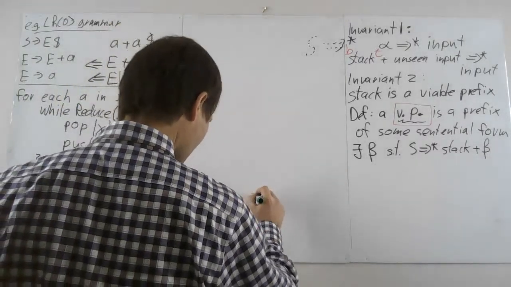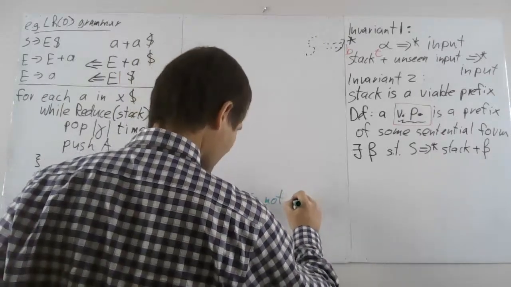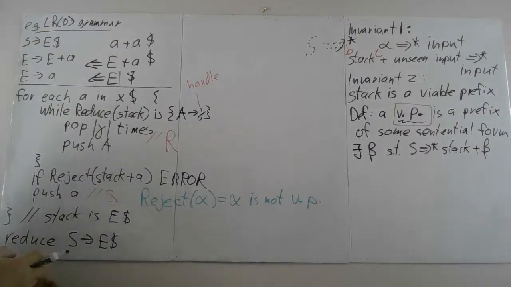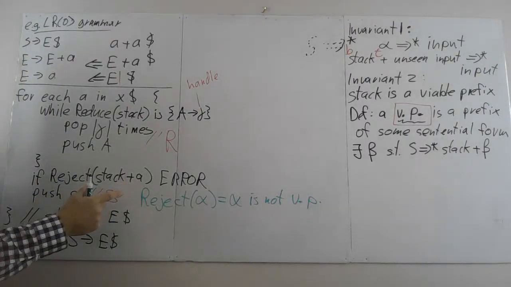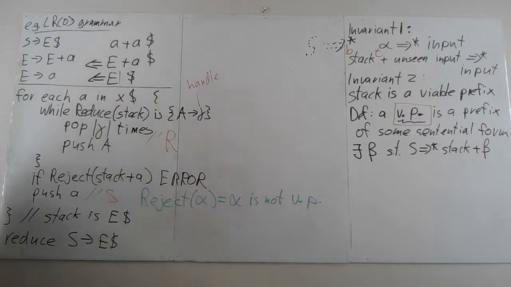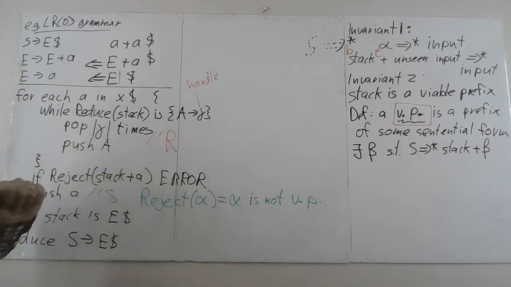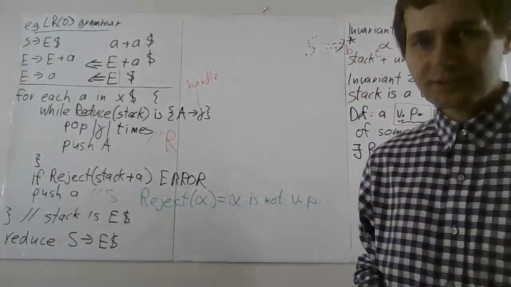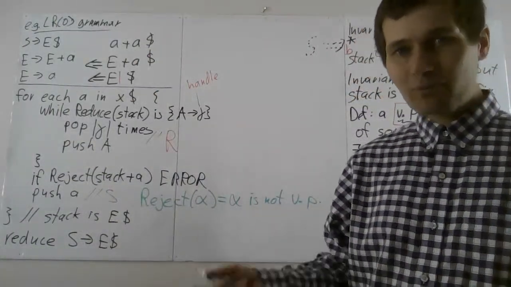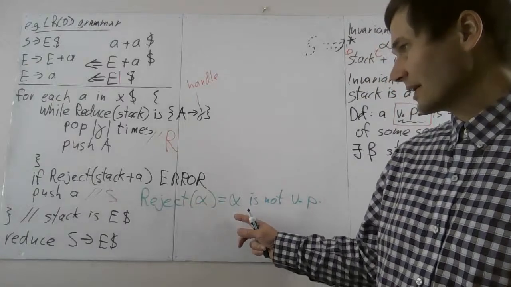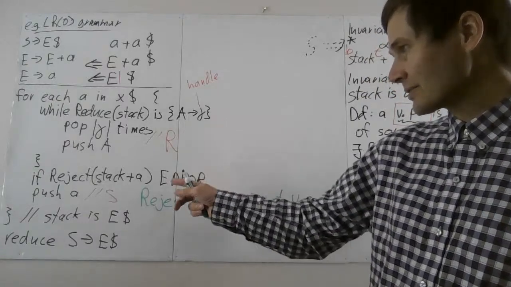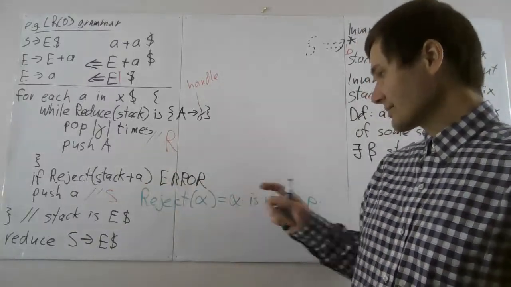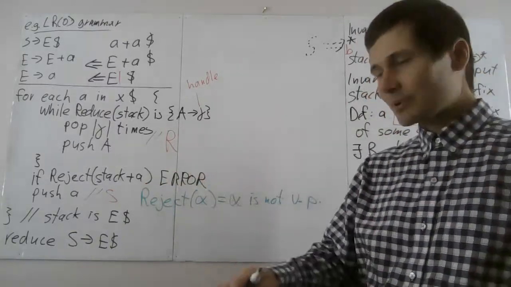So alpha is not a viable prefix, right? So basically reject is going to reject the new stack if it's not a viable prefix, because if we didn't reject, we would violate this invariant. Okay, so hopefully reject is sort of easy. If we would ever get into a state where we violate invariant 2, where the new stack is not a viable prefix, we're giving up and we're giving an error.